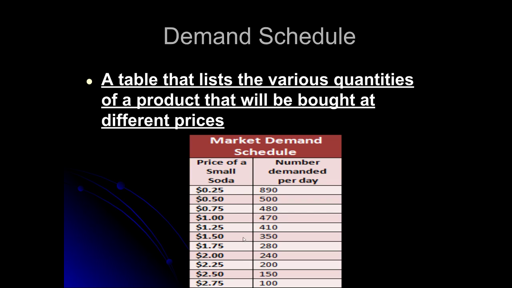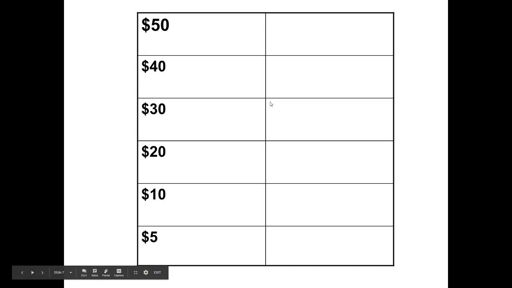This demand schedule goes all the way up to $2.75, at which price we could expect about 100 people to purchase. Right? So this demand schedule just gives you a list of prices and the quantity demanded at that specific price.